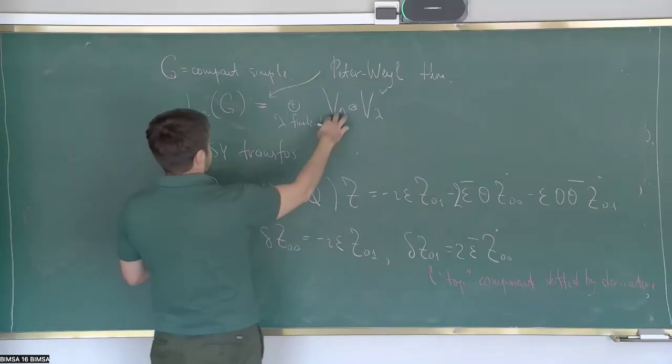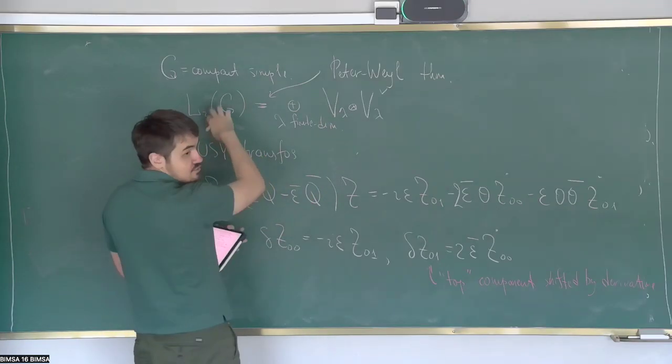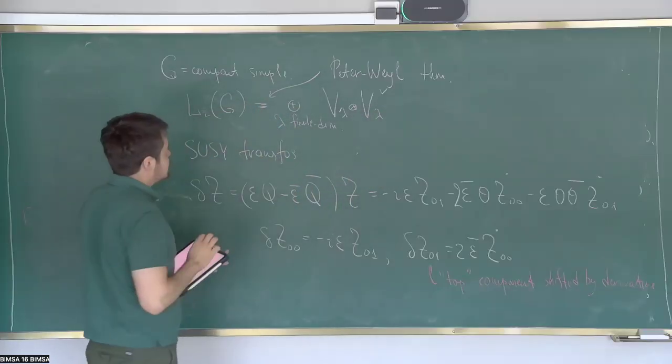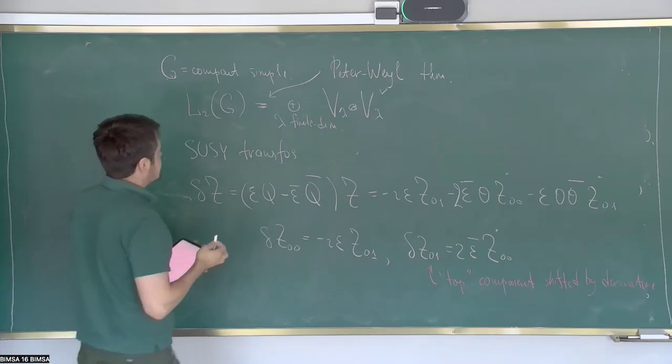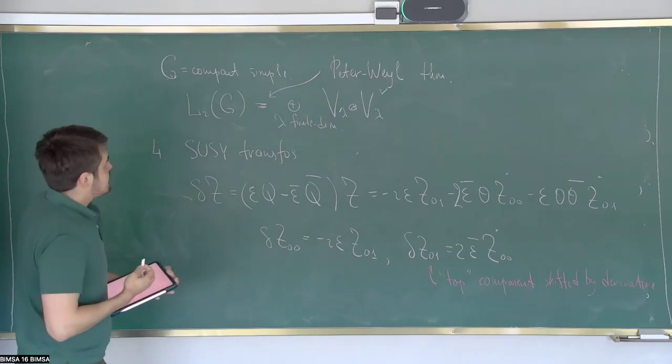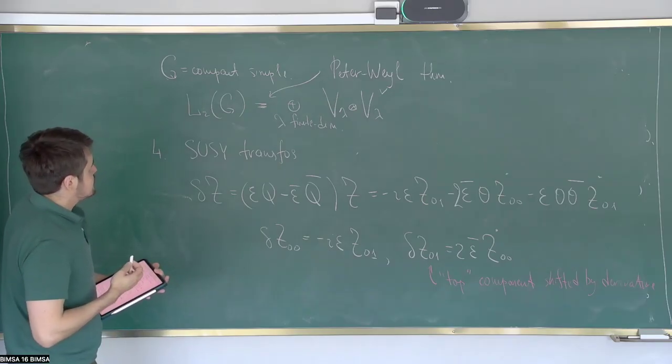So the left one corresponds to the representation for the left action. This one corresponds to the representation for the right action. And now, okay, this is not an irreducible representation; it's highly reducible. But we want to pick out a single irreducible component.